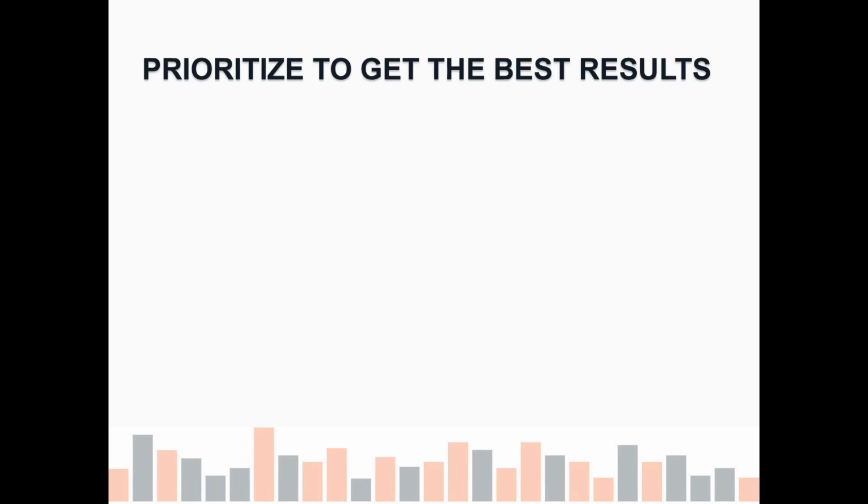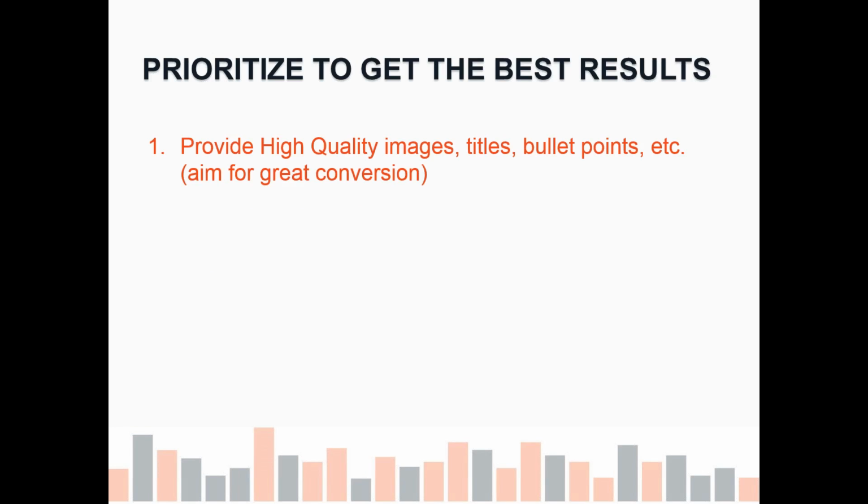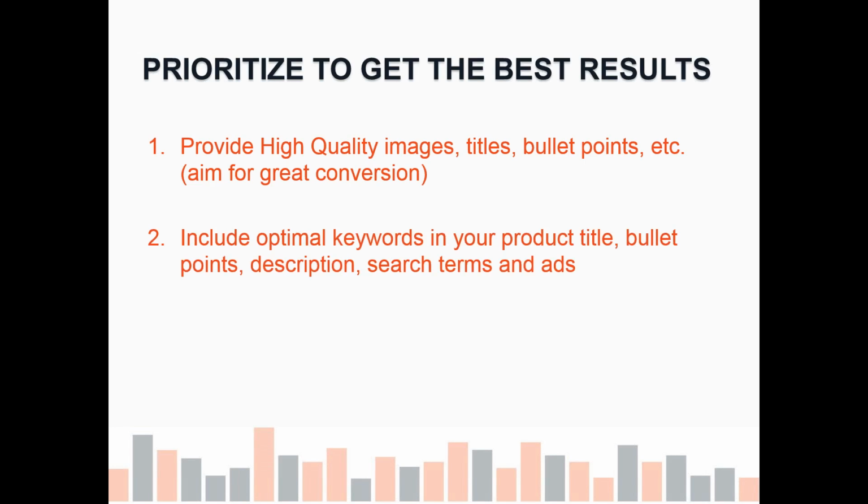We think it's important to prioritize what you need to do instead of trying to focus on all 50 of these tasks. Let's first follow James's appropriate recommendations about providing high quality images, titles, bullet points, and aim for great conversion.